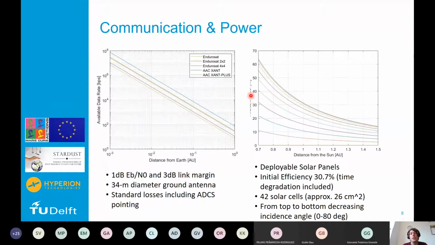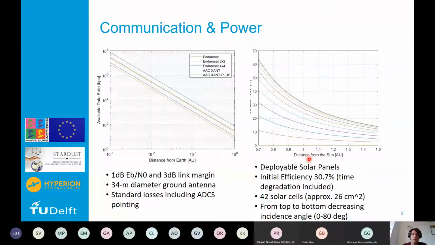While the other subsystem that I want to show you in this slide is the power subsystem, so the available input power that can be achieved as a function of the distance from the Earth. In particular, this plot has been obtained by using a configuration of deployable solar panels. And in the plot, you can see from top to bottom a decreasing incidence angle.